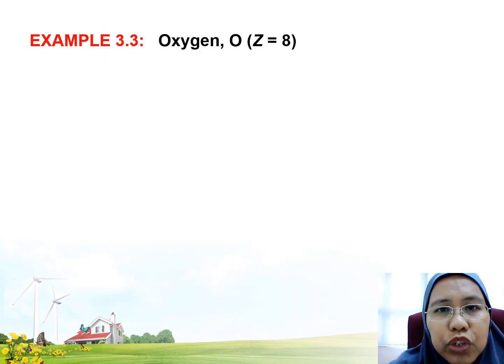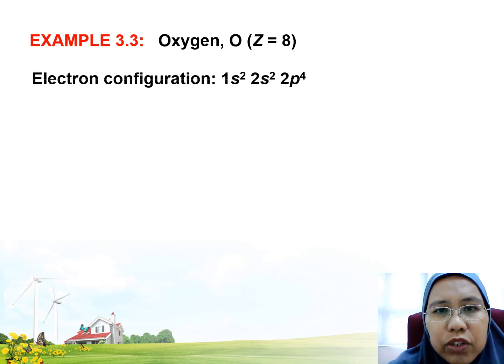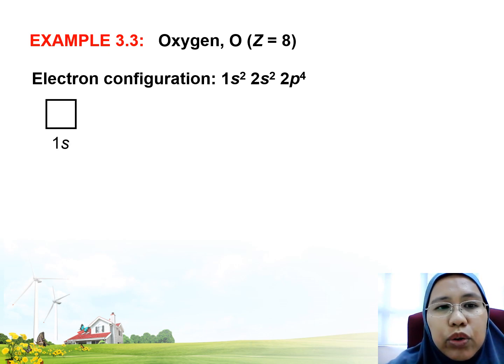Let's do a simple example of oxygen, which has proton number 8, meaning that it has 8 electrons. The electronic configuration is 1s2, 2s2, 2p4. So 4 plus 4, it has 8 electrons. The first 2 electrons will be filled in orbital 1s, which has the lowest energy level. The third and fourth electrons will be filled in the orbital 2s.